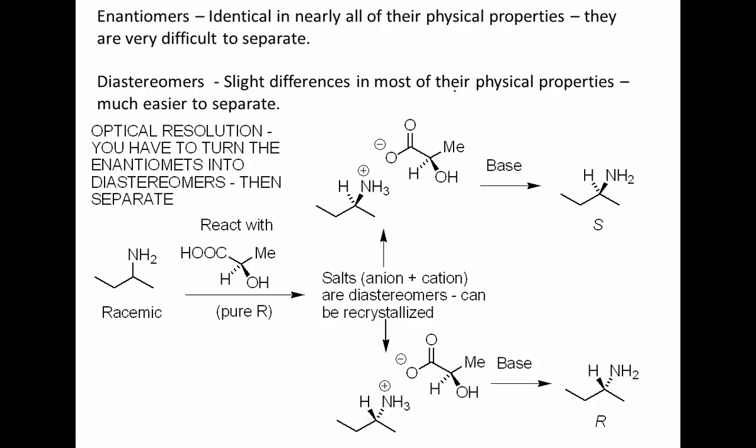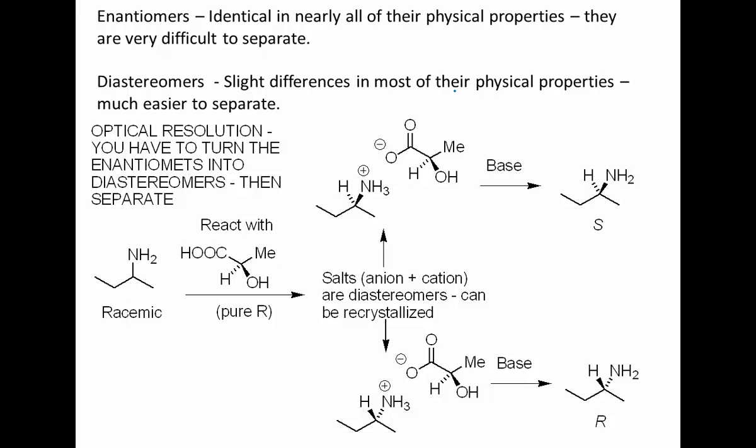All right, let's look at one other issue. That's enantiomers. We've described how they're identical in nearly every one of their physical properties, thus they're very difficult to separate. Diastereomers, however, have a lot more differences in their physical properties. There's usually slight differences in almost all of them.